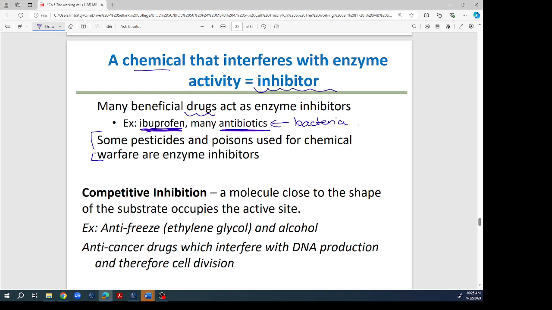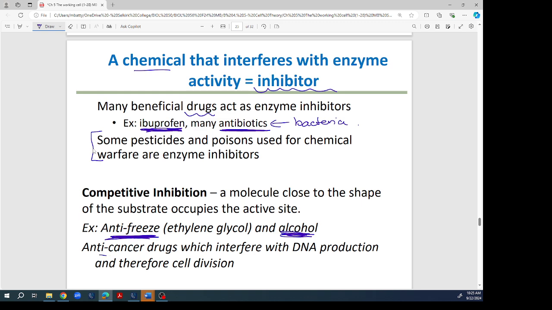One example of a really bad one would be antifreeze. It's classic. Dogs love the taste of it, but it acts as an enzyme inhibitor and is not good for your dog. Alcohol also is an intoxicant, and it works on a cellular level, inhibiting chemical enzymes. And so that's some examples.